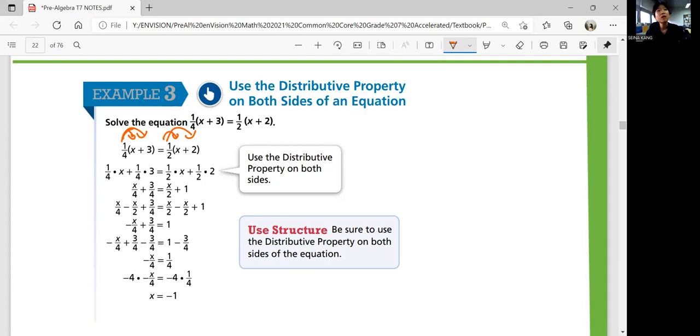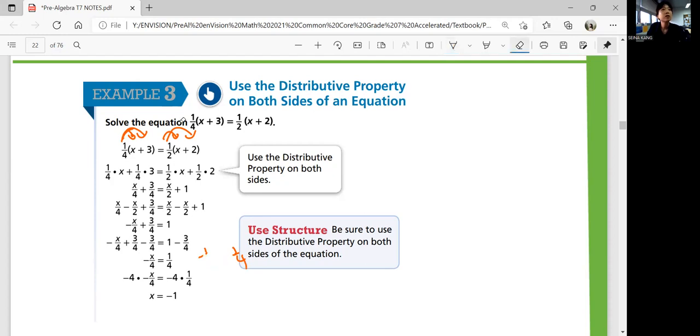Okay. And then you can subtract 1 over 2 x on both sides. And 1/4 minus 1 over 2 is going to be -1/4. So -x over 4 plus 3 over 4 is equal to 1. Subtract 3 over 4 on both sides, and you get -1 over 4 x is equal to 1 over 4.